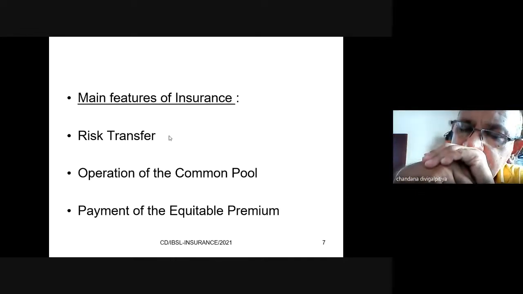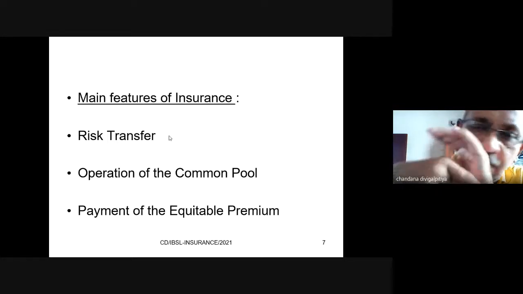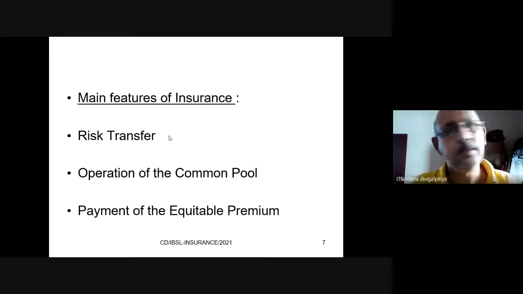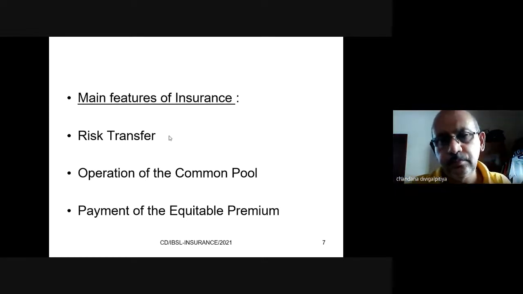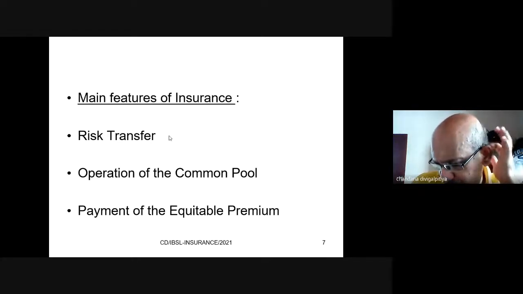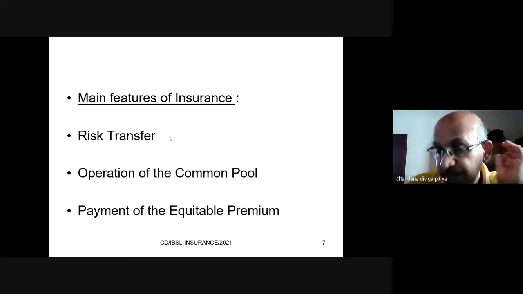Example, one, in a motor policy, the risk of meeting the insured in an accident.